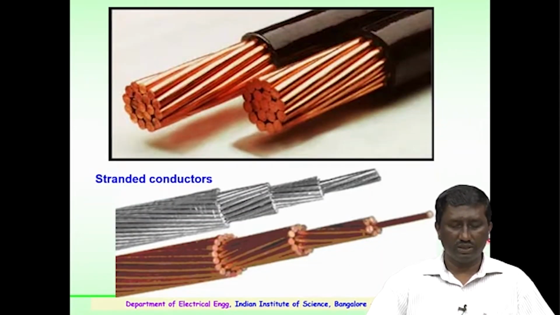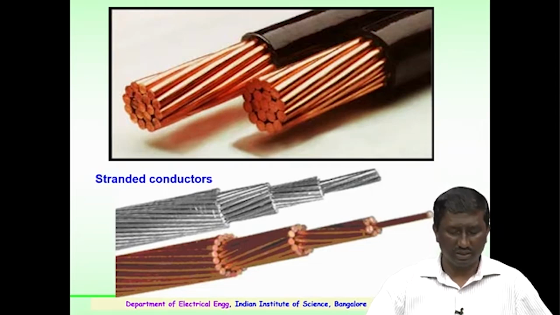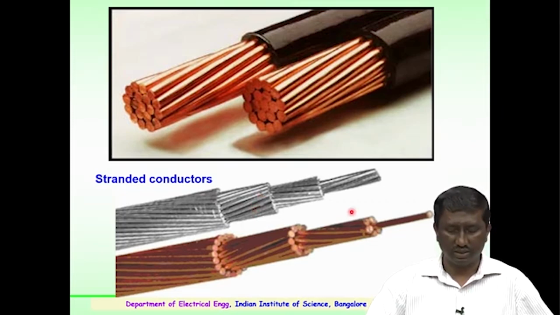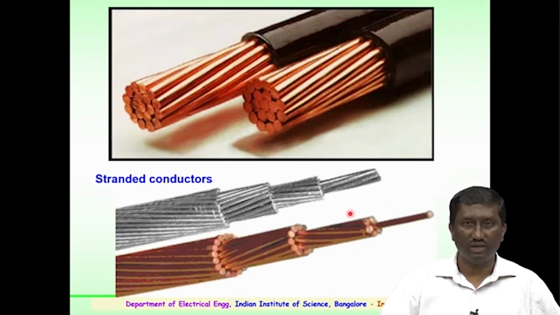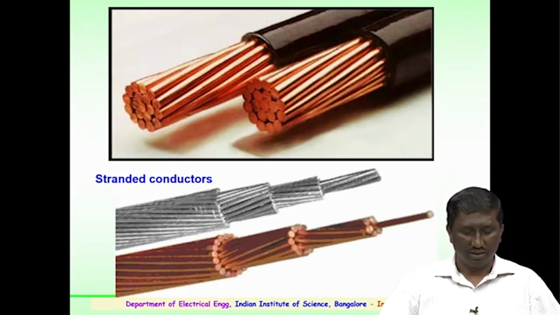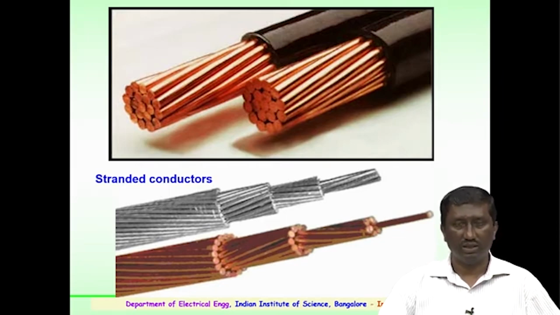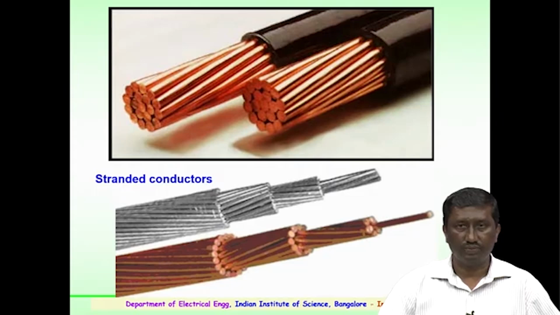Further, these are the conductors known as the stranded conductors. The importance of stranding, why stranded is required, we will look into that. There are various types of conductors depending upon the voltage level and the current they have to carry, and depending upon that the usage of conductors is employed.